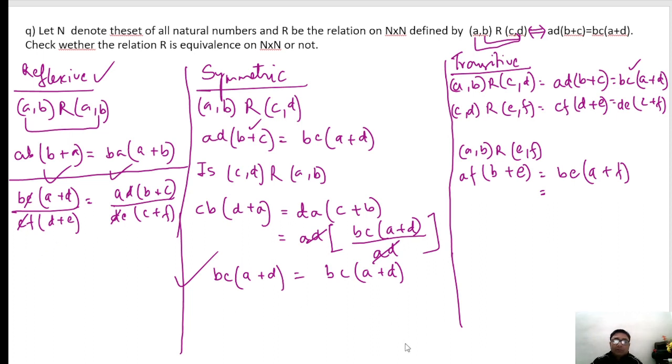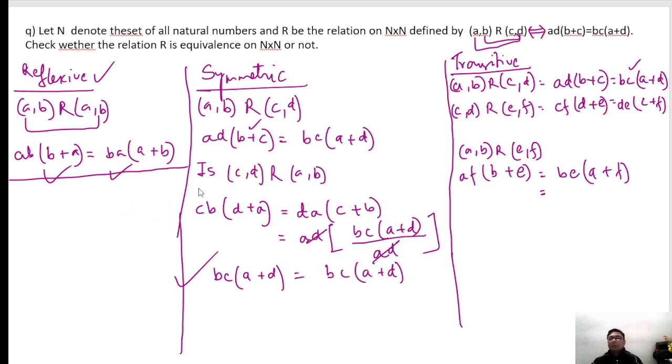Okay, so let's see. So what we can do, friends, I think one more thing we can do, let us omit this. Okay, we have to get this. So let's see.